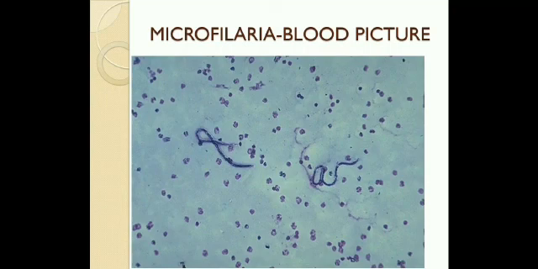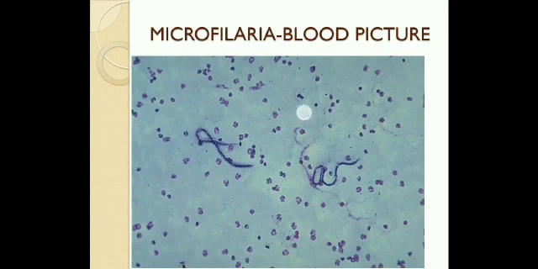And what do these larvae do? This larval form is found in the blood. And when another Culex mosquito bites, this larval form will enter its body also. So this larval form of the filarial worm is known as the microfilaria.